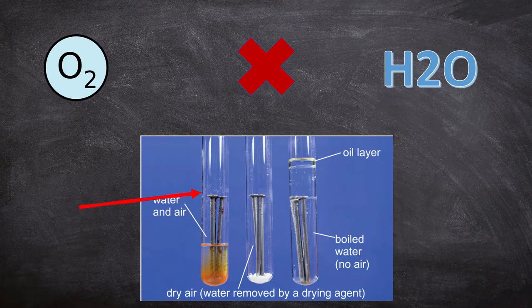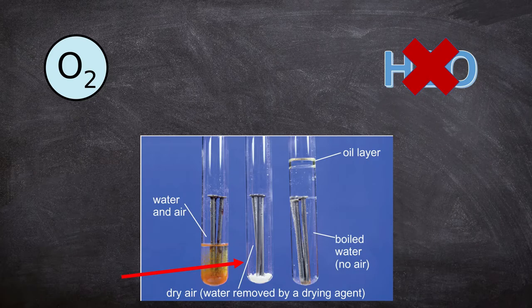Well, we can see there's a rust colour inside the water. And that means, because water and oxygen are present, corrosion is taking place in the form of rusting. In the second test tube, there is just air. The water has been removed, and we can see the nail looks different.